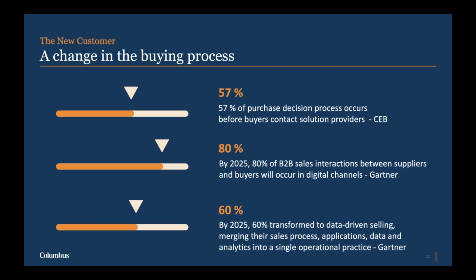And Gartner is actually saying that by 2025, 80% of the interaction between suppliers and buyers will take place in digital channels within B2B, which of course leads to changes on the sales side. And Gartner is also saying by 2025, 60% will have transformed their sales into one data-driven sales process where sales process, systems, and data analytics are integrated.